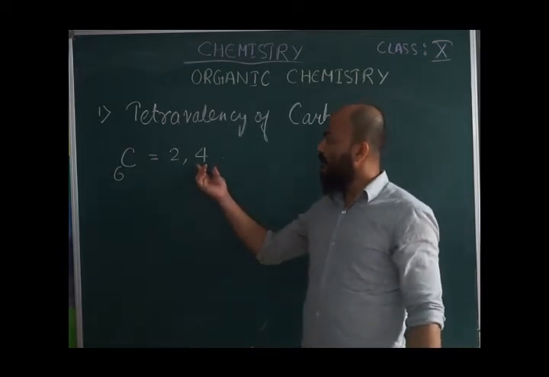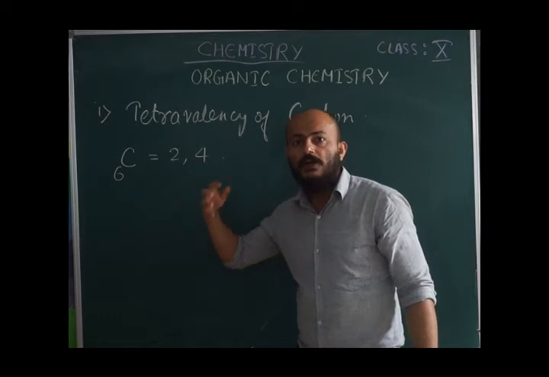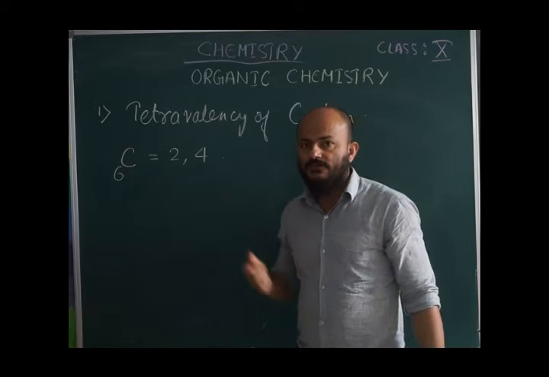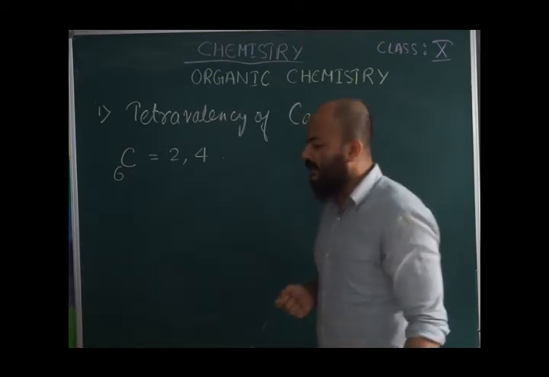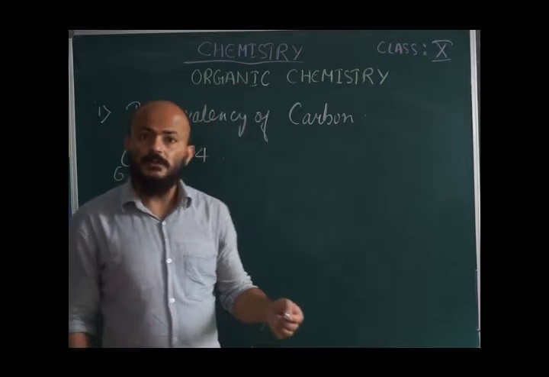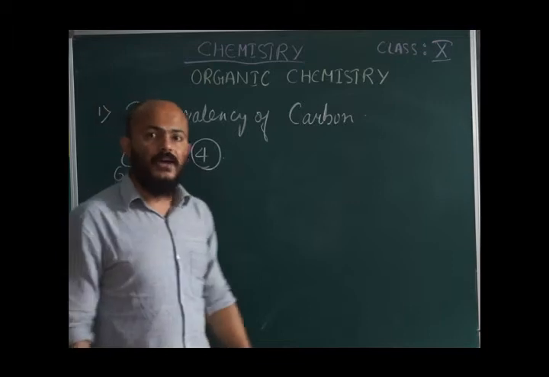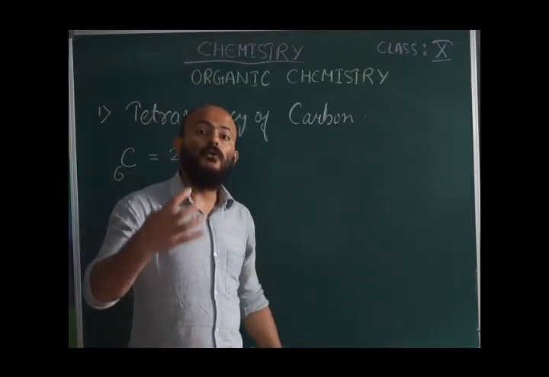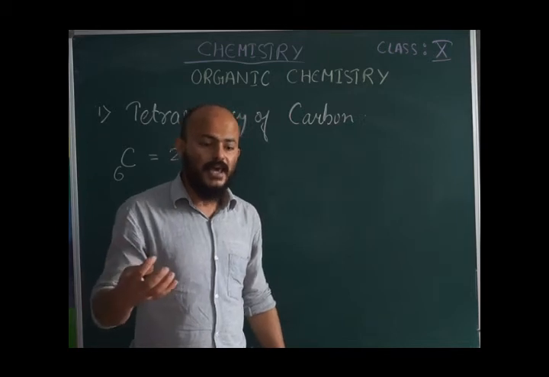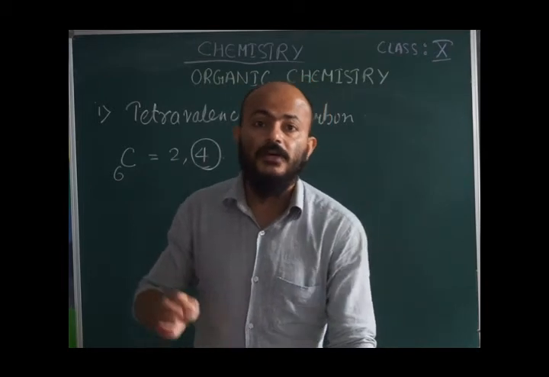Now whenever carbon has to form a compound with other elements, its octet has to be fulfilled. And from your knowledge of the first and second chapter, you know here carbon has to form 4 bonds with other atoms to get its octet, and this is possible only by sharing of electrons.